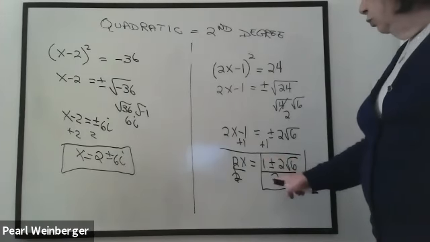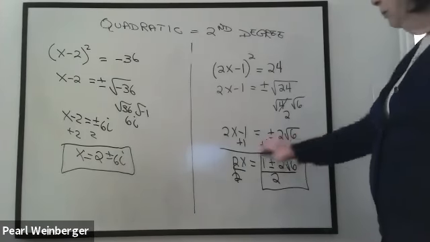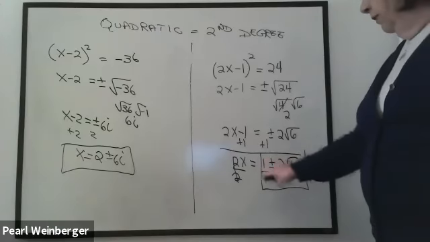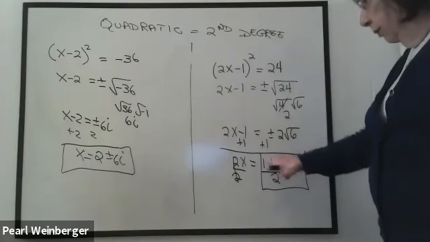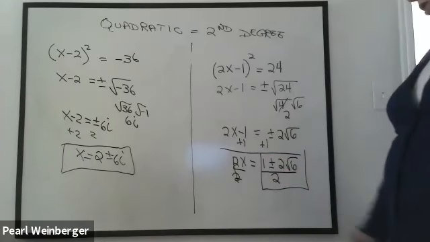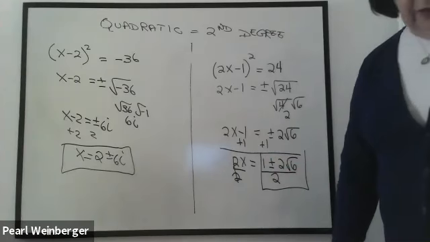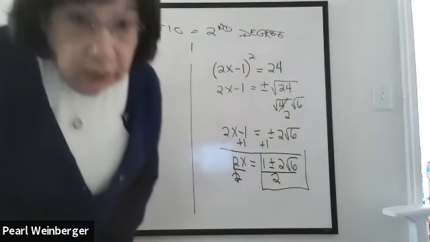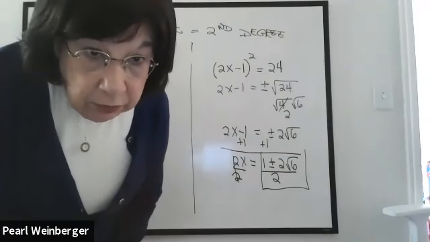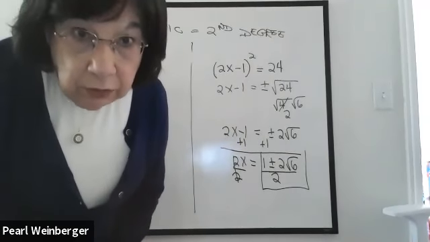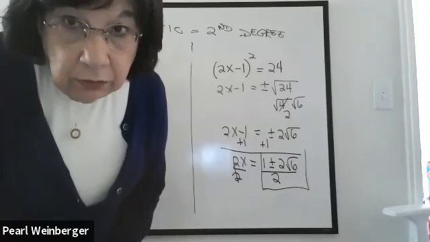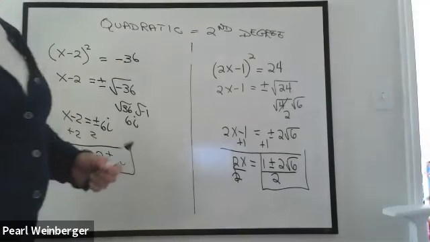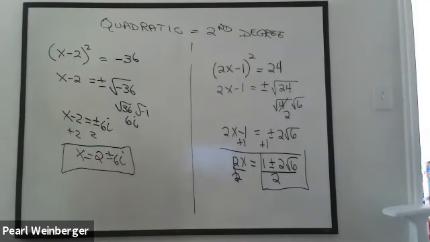But 2 doesn't go into 1, and you can only simplify a binomial over a monomial if the monomial goes into both terms. So we just leave our answer like that. All right, so that's the square root method.